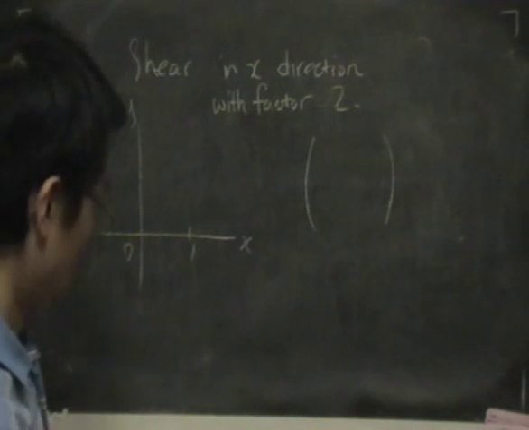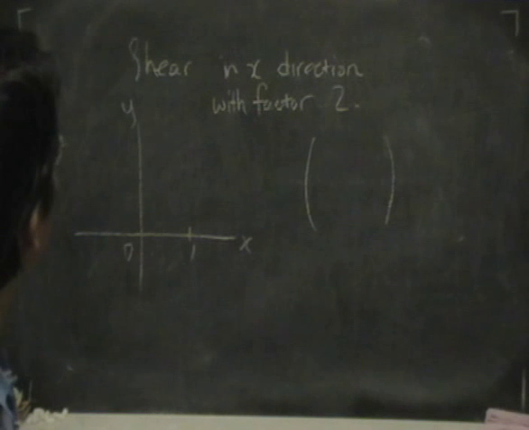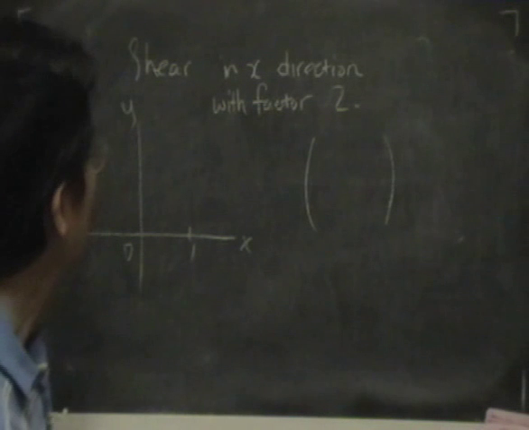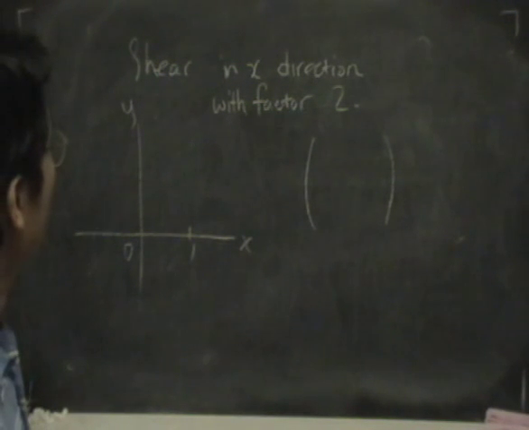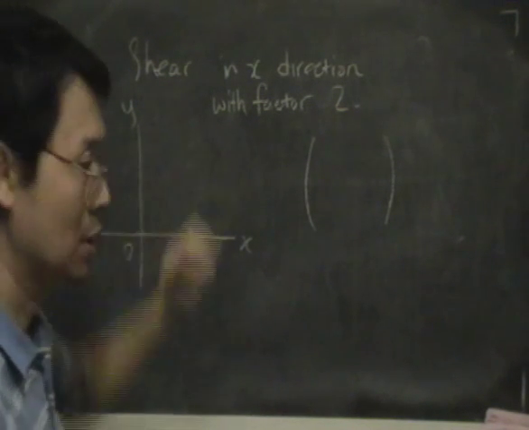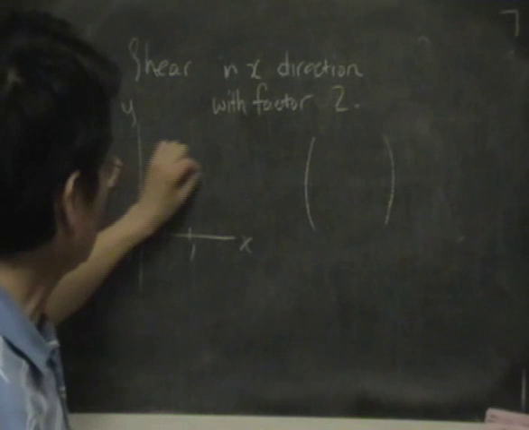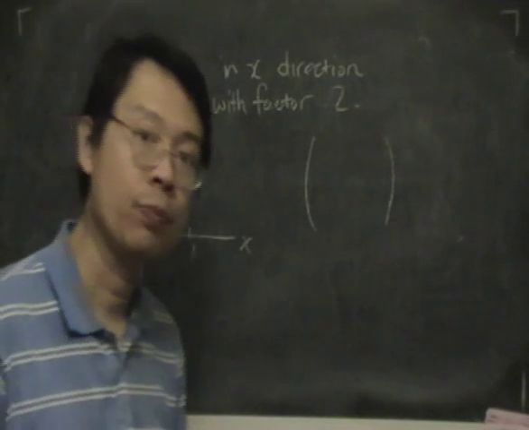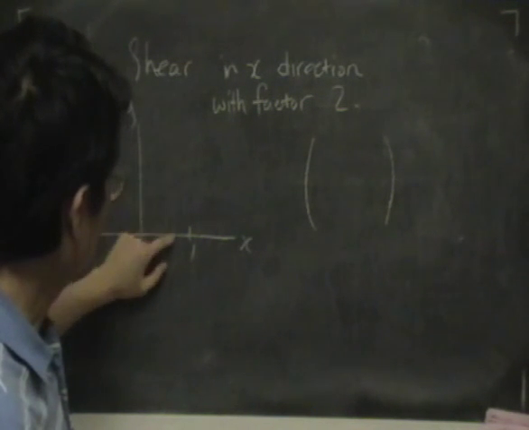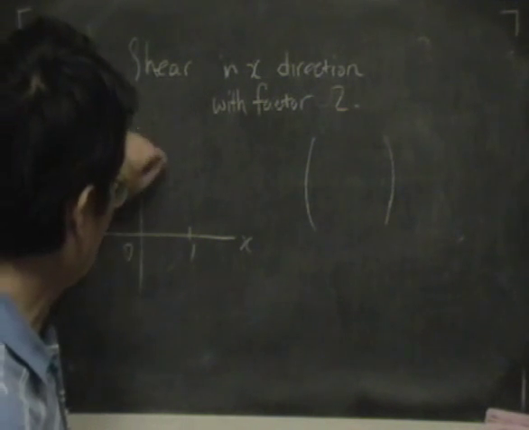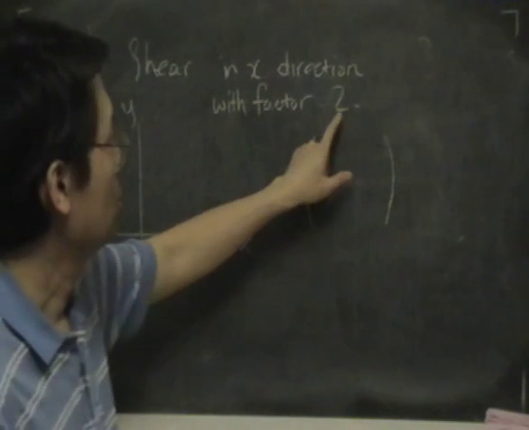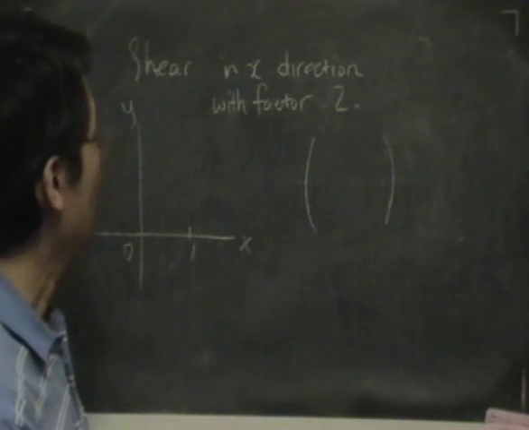Now if you remember, for a shear in the x direction, a point moves along the x direction, and the distance that it moves is equal to the distance from the x-axis, meaning it is equal to the y value of the point times the shear factor.